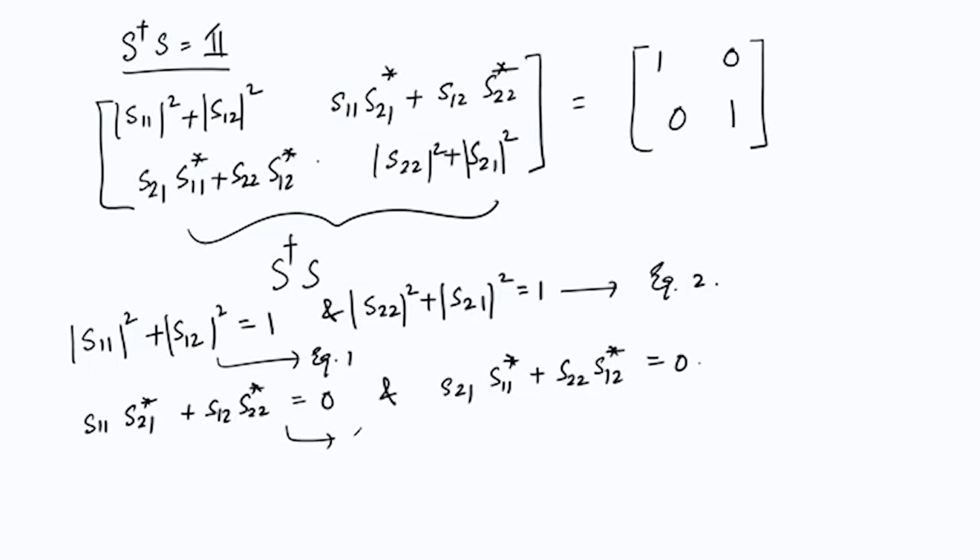You can call this equation number 3 and this equation number 4. So these are the properties of the S matrix. These are the elements that follow these equations.